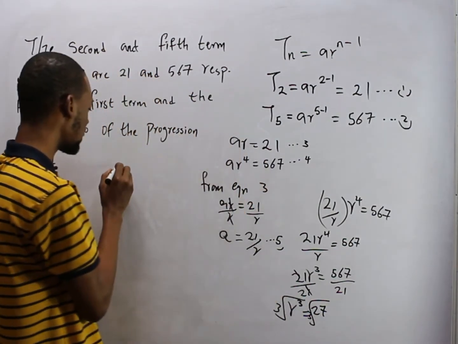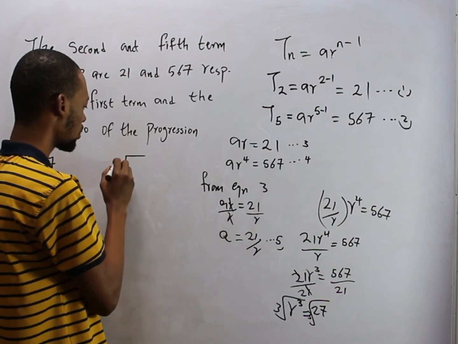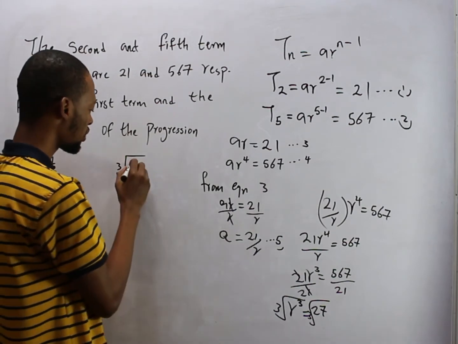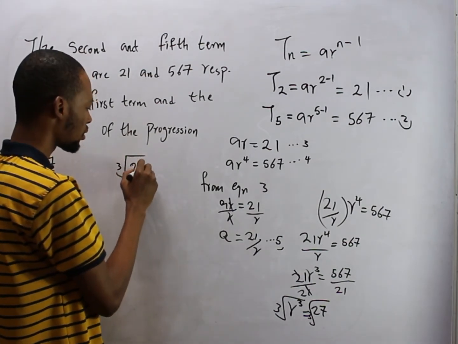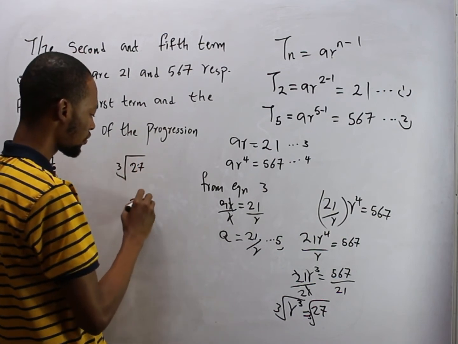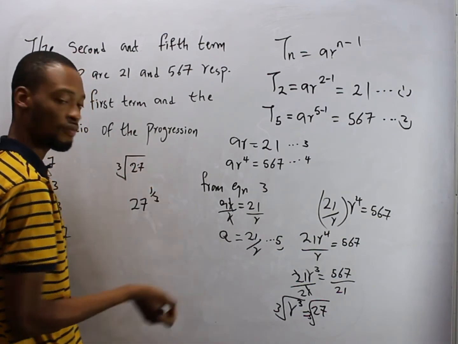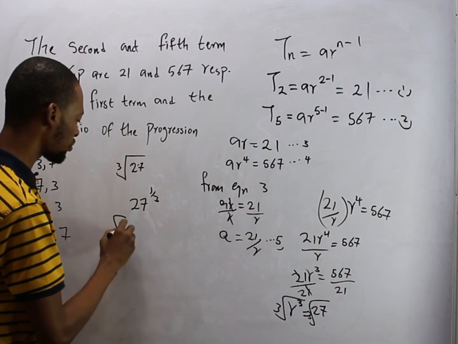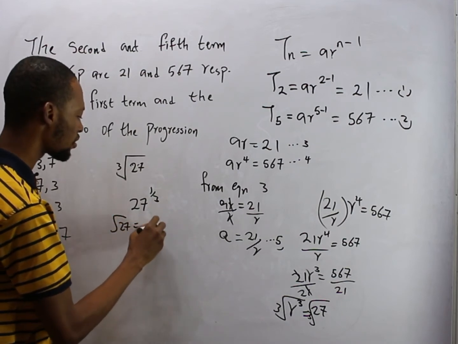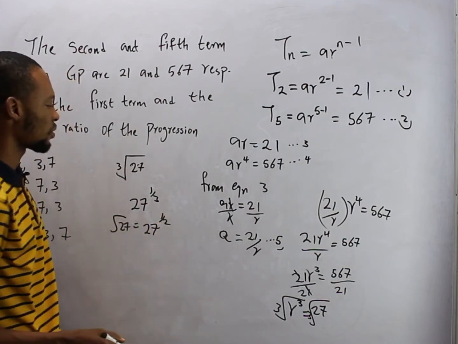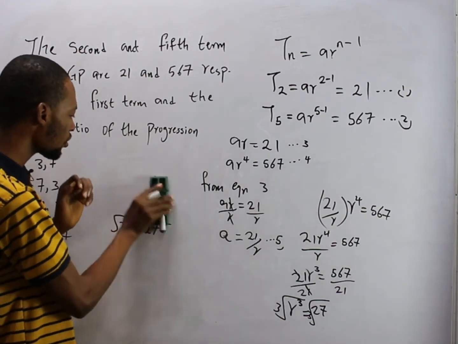Because something like this, when you have a cube root, let's say the cube root of 27, it's the same thing as 27 raised to the power of 1 over 3. If you have the square root of 27, it is the same thing as 27 raised to the power 1 over 2. So that is the cube root.